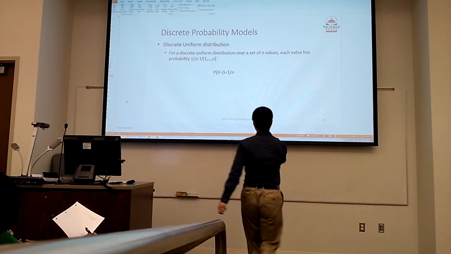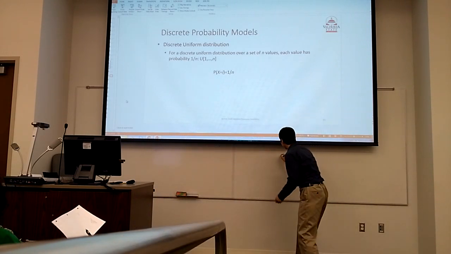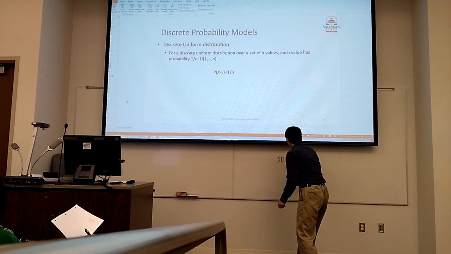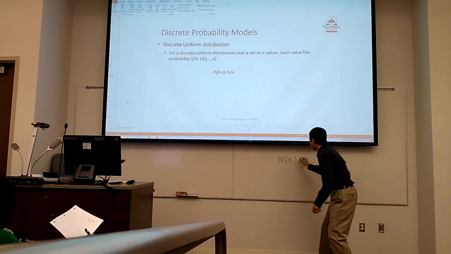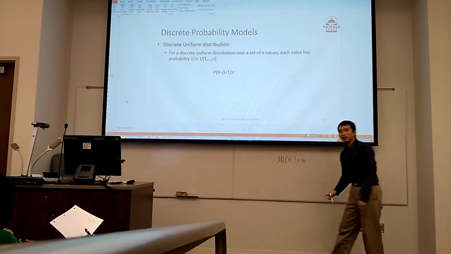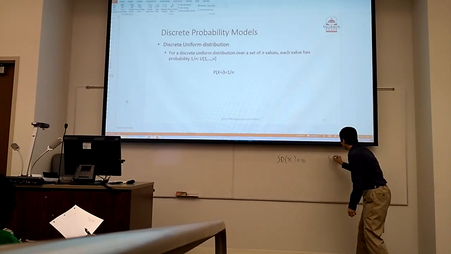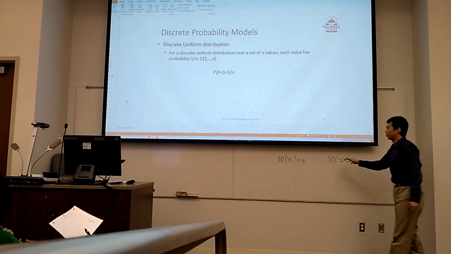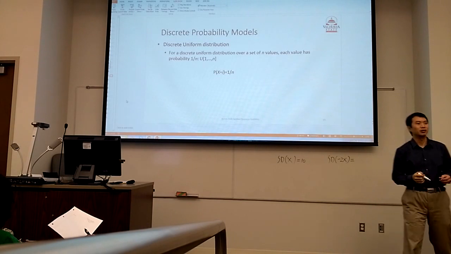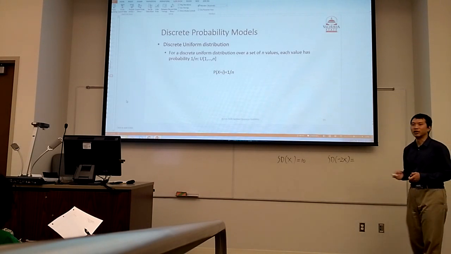So let me ask you one question. I have a random variable x. I know the standard deviation is equal to 10. Okay? So my question is, what is the standard deviation of negative 2 times x?